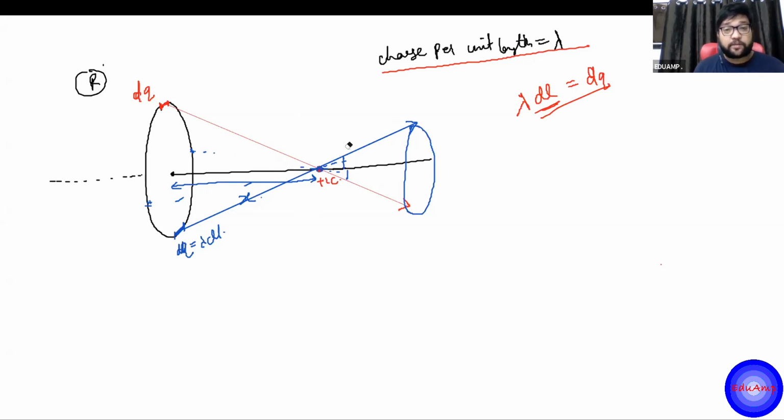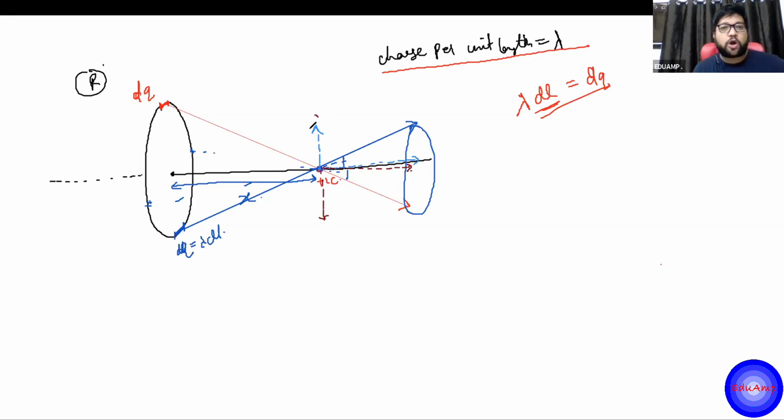Now the good thing about this situation is that, suppose the blue force, if I take its components, the x direction component will be like this and the y direction component will be this. And for the red one, the x direction component will be along this and the y direction component will be this.